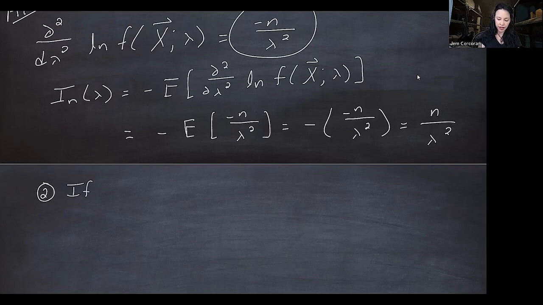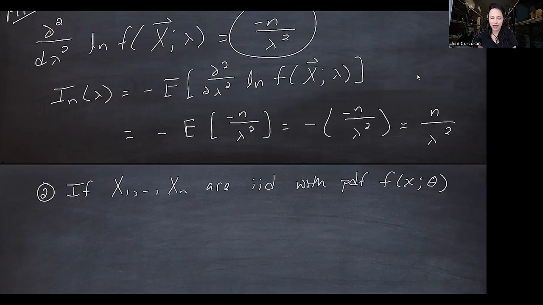So if x1 through xn are independent and identically distributed with the single PDF that they share, f of x, without a vector, semicolon theta, then this n-dimensional Fisher information, why do I say n-dimensional?